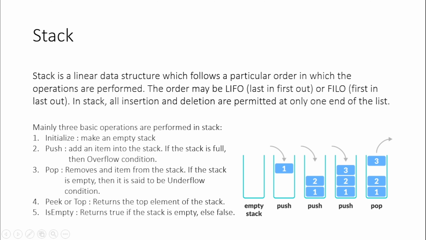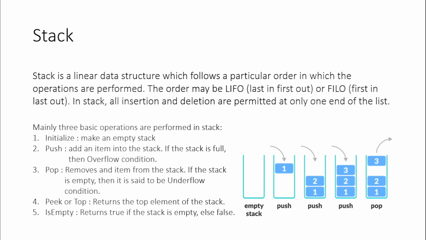Stack is a linear data structure which follows a particular order in which the operations are performed. The order may be LIFO, which means last in first out, or FILO, which means first in last out. In a stack, all insertion and deletion are permitted at only one end of the list. Basically, a stack is like stacking books on top of one another.